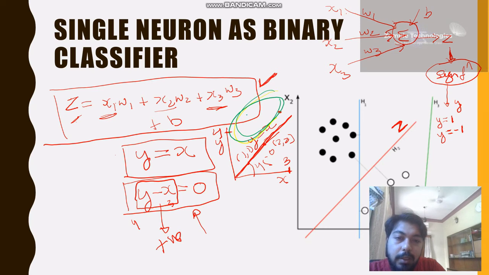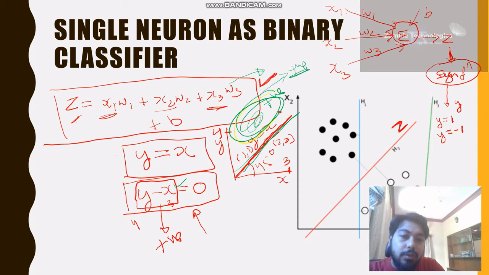Any point which lies on the upper side of this line will have a positive output of this equation. If I put these values of x1, x2, and x3, or in this case the values of y and x, into this equation of line, it will result in a positive solution.